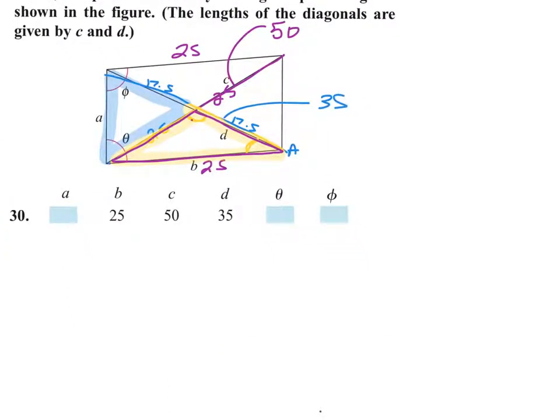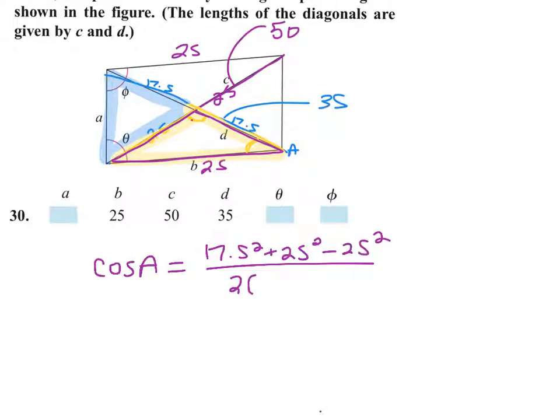So if I do that, the cosine of capital A is equal to 17.5 squared plus 25 squared minus 25 squared over 2 times 17.5 times 25.